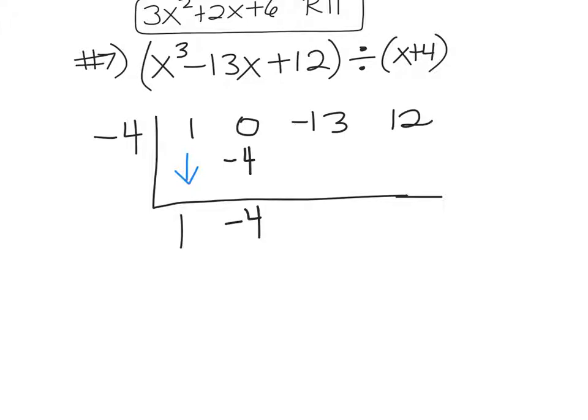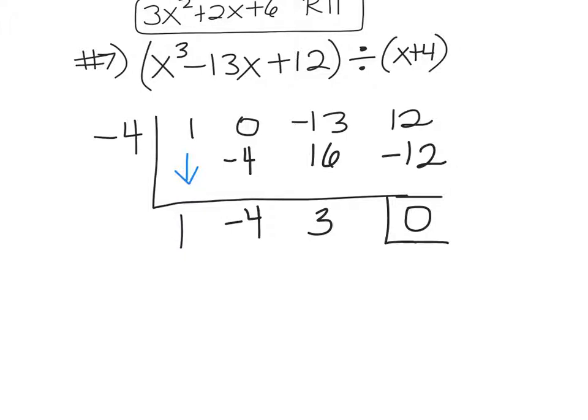Negative 4 times negative 4 is 16. Negative 13 plus 16 is 3. 3 times negative 4 is negative 12. Remainder 0. That means that x plus 4 is a factor of that polynomial.